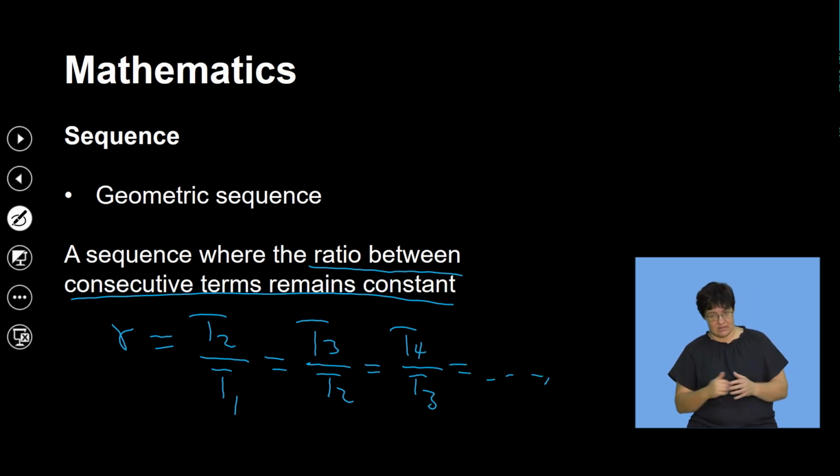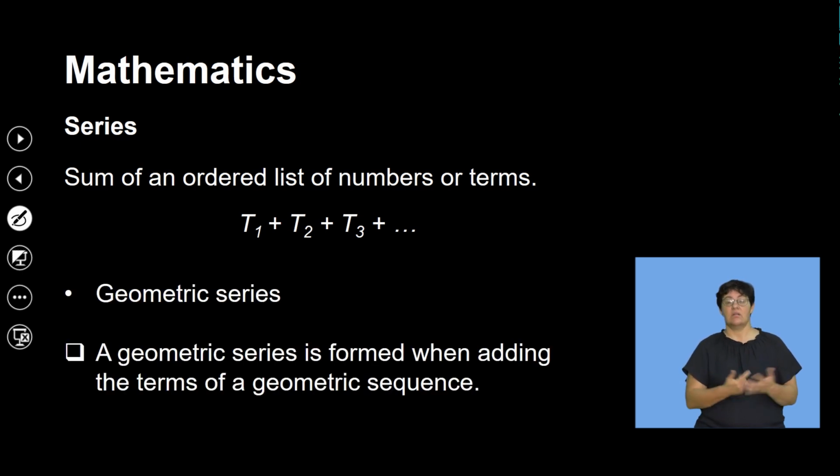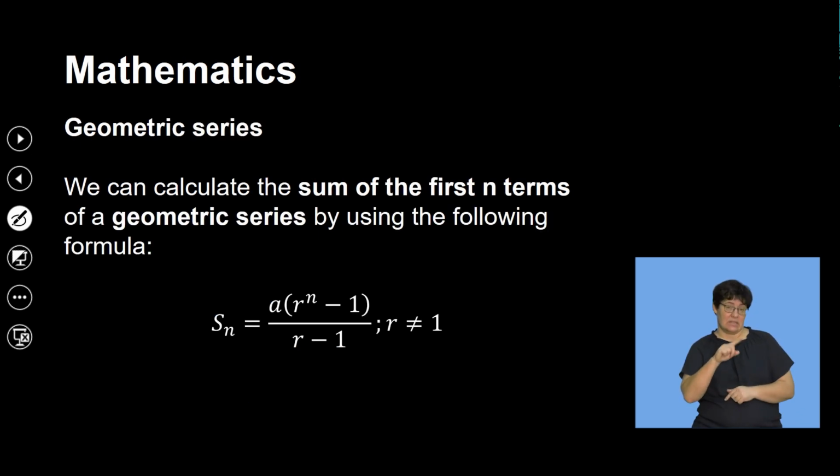You see, as long as it's consecutive terms, then you will get it correct. Now, we have a series as well under the concept of a geometric sequence. This will be the sum of an ordered list of numbers. Remember, we spoke about that. A geometric series will be when we are adding the terms of a geometric sequence.